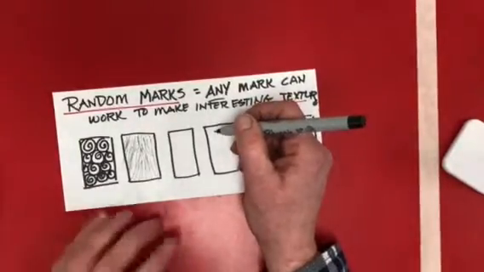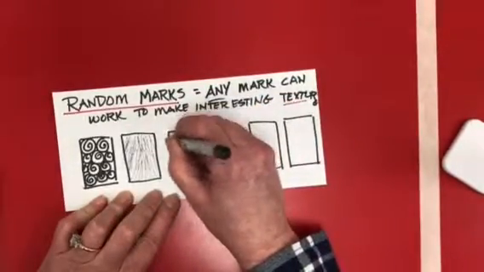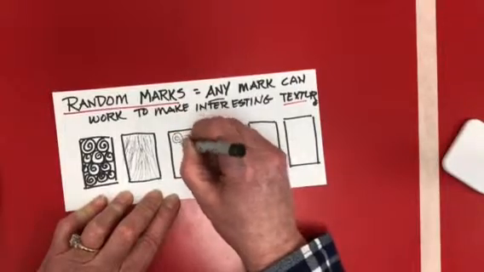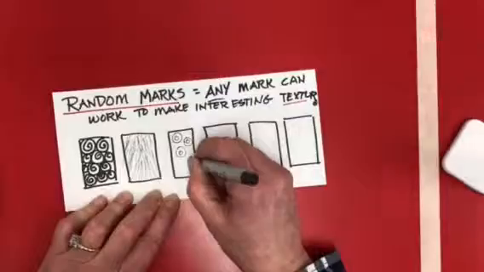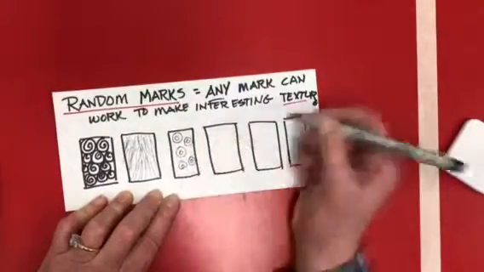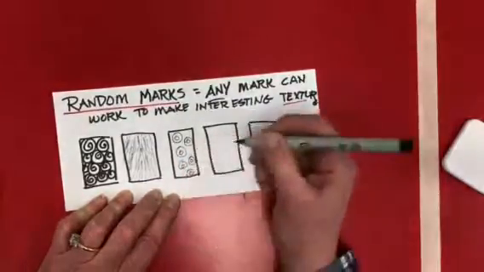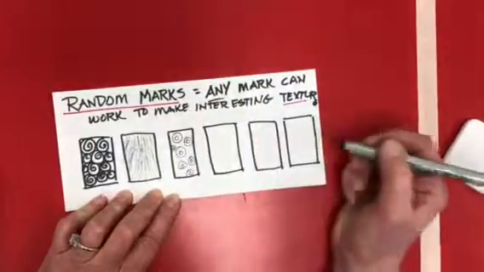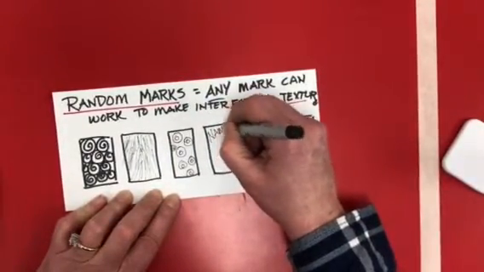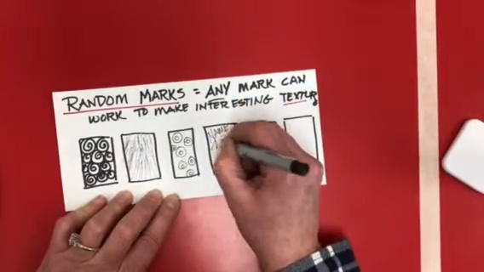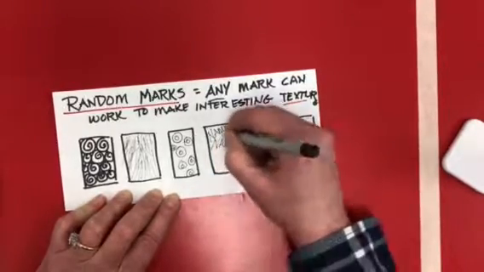Another one might be, maybe it's dots or maybe bumps. How are you going to represent bumps? Okay, so maybe something like that might be interesting. You can use your name over and over again. Any kind of repeated random mark is going to make an interesting texture.